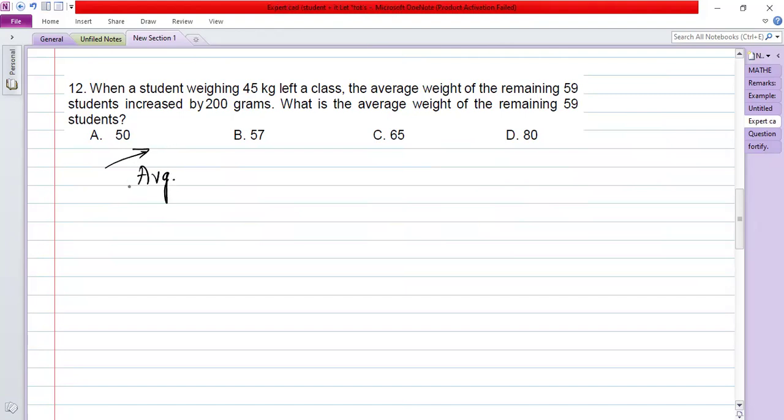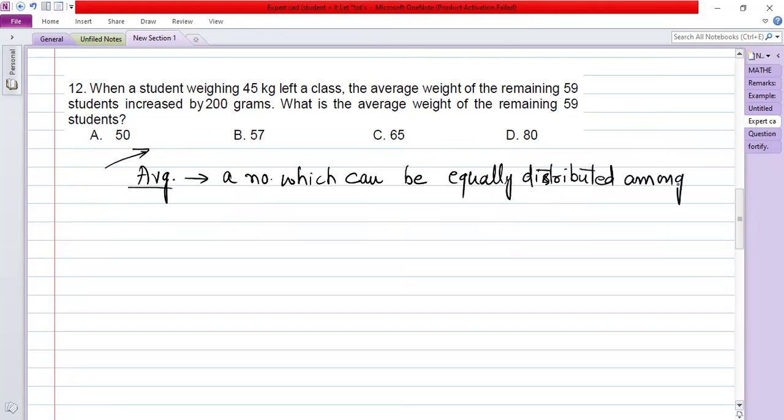So what is the meaning of the average? Average is a number which can be equally distributed among all the members. This is the meaning of average of a certain number of members.